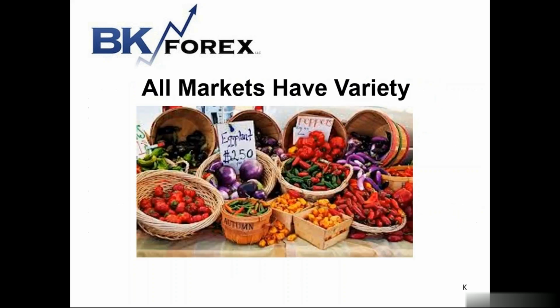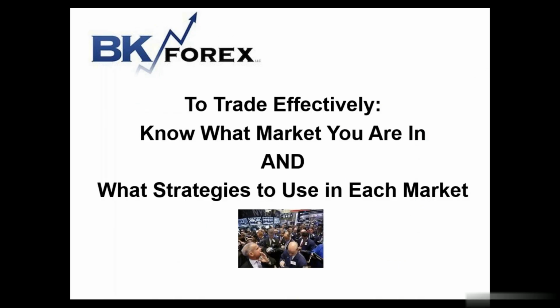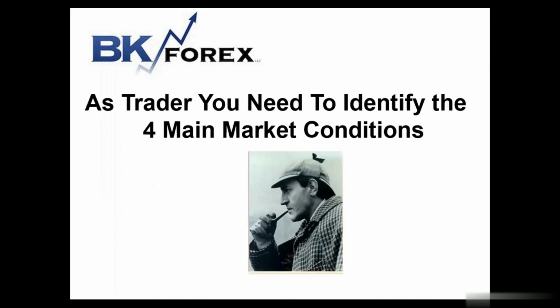So in order to have that conversation, I think it's important to realize that all markets have variety. There are different types of markets out there, and in order to trade effectively, you need to thoroughly understand each of these markets and know which strategies to use for them.